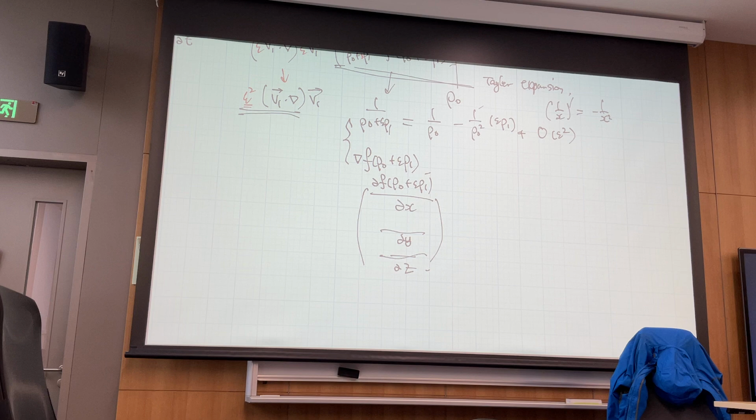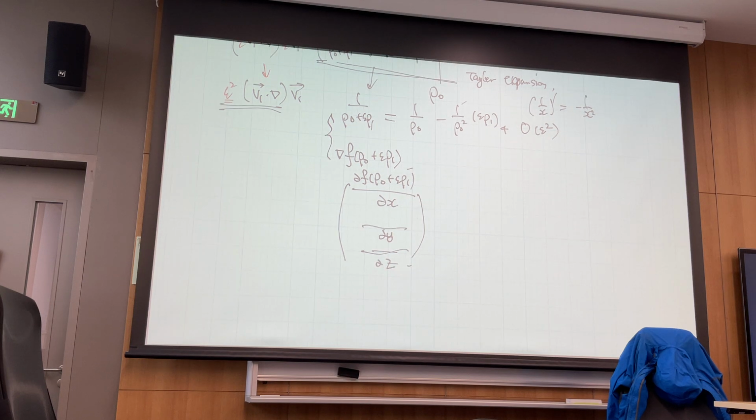So let's first look into the partial f partial x. How do you compute the partial f partial x over here, knowing that rho 1 is also a function of x?